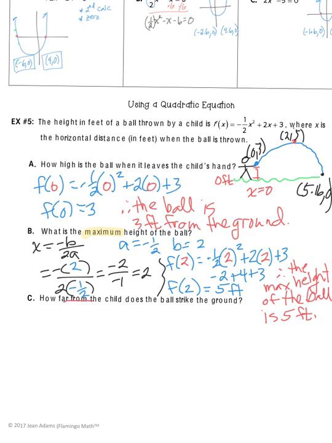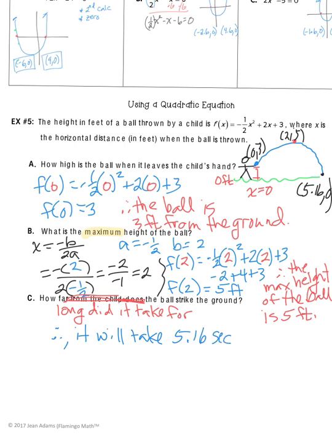So how long did it take for the ball to strike the ground? I feel so much better now. All right, so since we went from time 0 to 5.16, therefore, it will take 5.16 seconds.